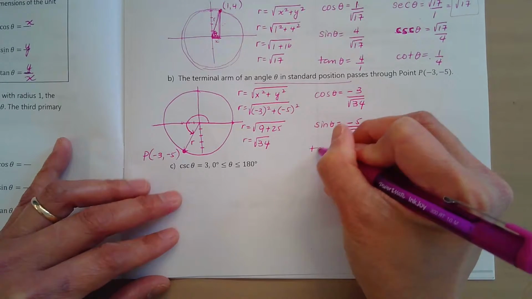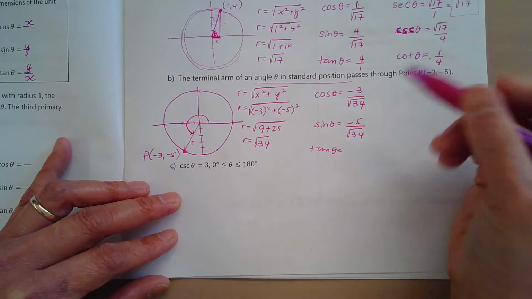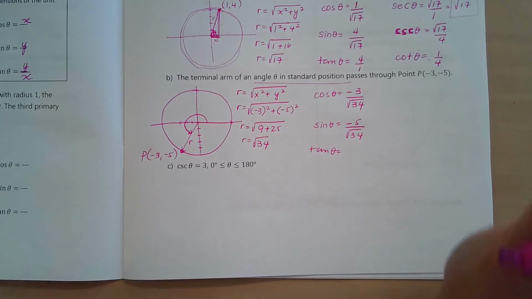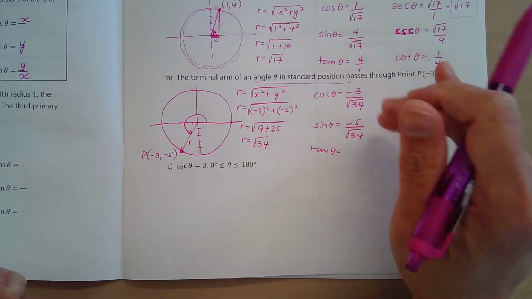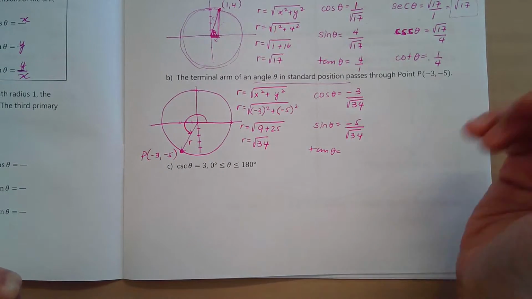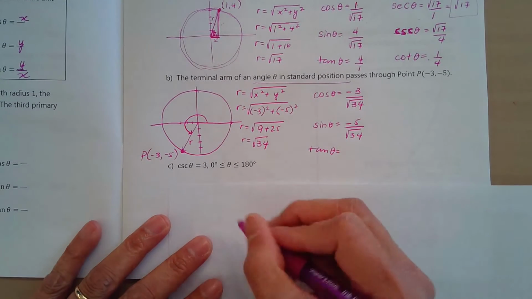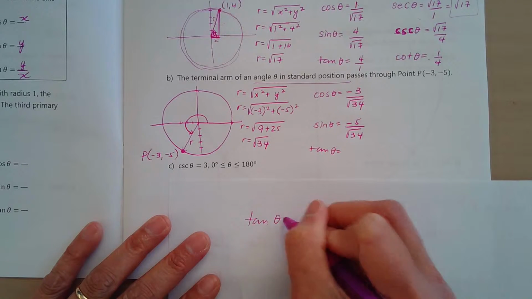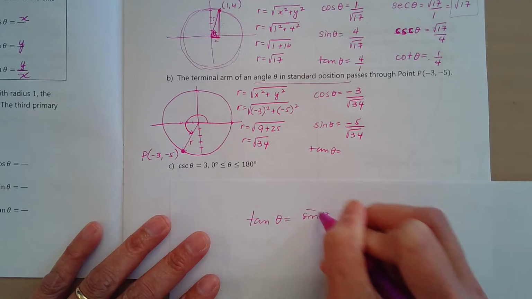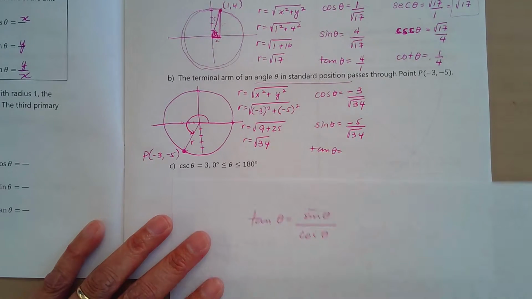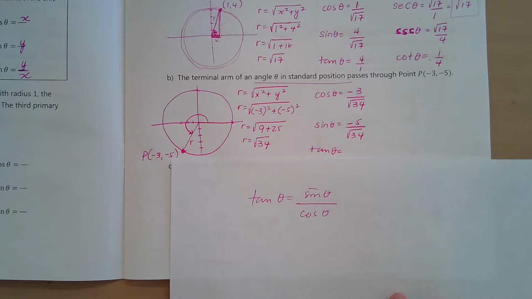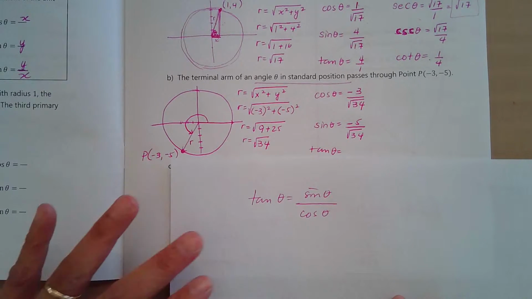And then tangent theta is equal to, okay, this is the question earlier. Isn't the tan theta equal to sine theta over cos theta? Yes. We know that, right? We know that sine theta over cos theta equals tan theta. So what can we do?